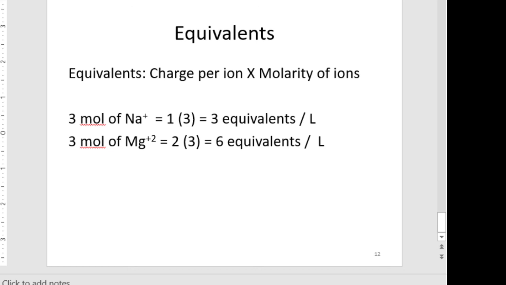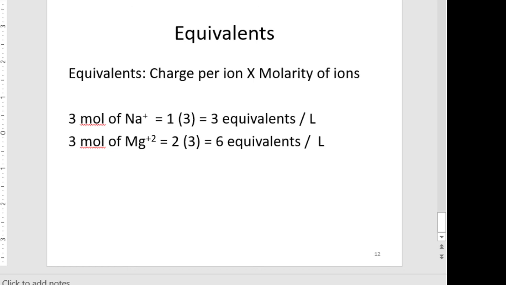So if I have 3 molar NaCl, I have to be careful because I need to dissociate. So that's 3 molar Na and 3 molar Cl. And so when we do this, you're just taking the magnitude of the charge. And so this would be 6 equivalents per liter. All right. So you have to be careful.